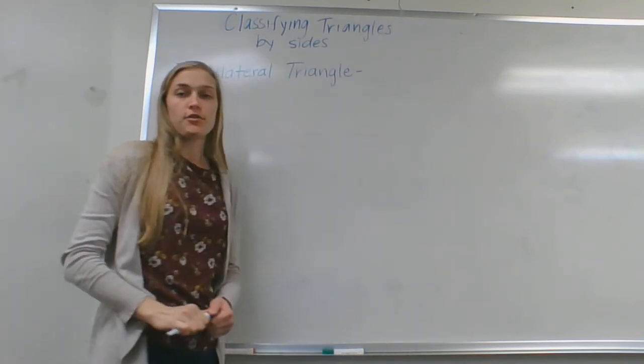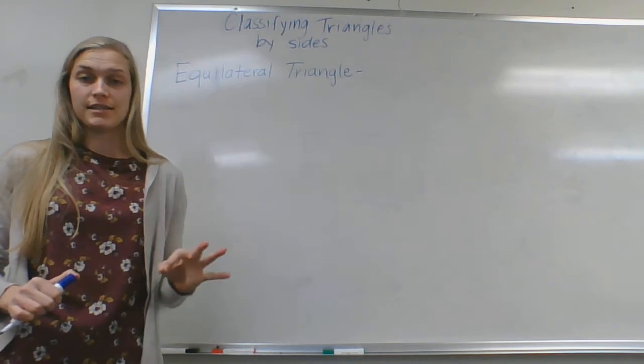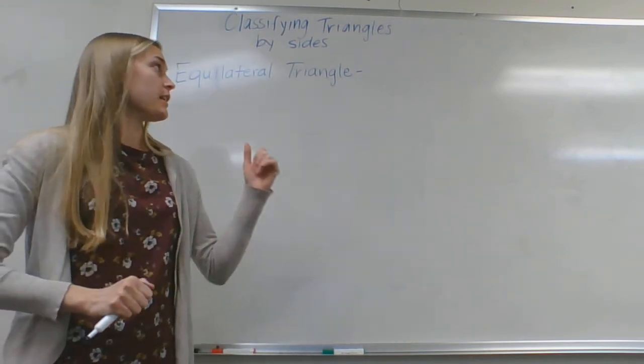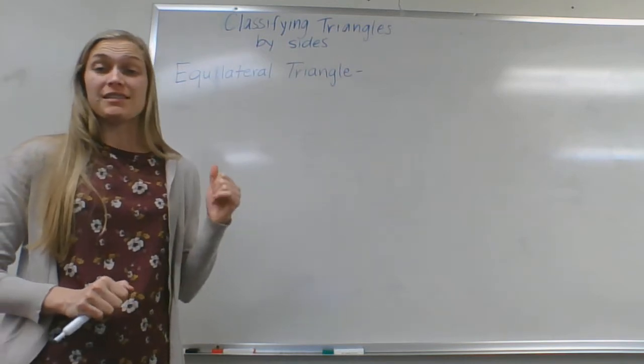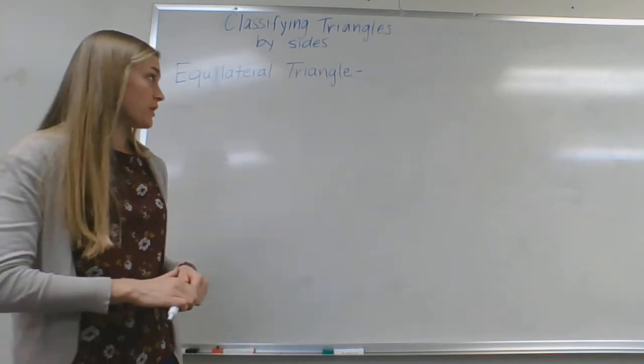And an equilateral triangle has three congruent sides. Remember what congruent means from our other lesson? Then you know that it means equal. So these triangles have three equal sides.